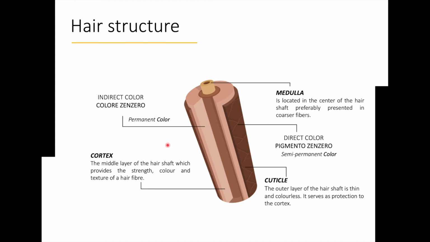This one does require developer, and those live in the cortex, that is the next layer. And the developer is the oxidative agent necessary for hair color to do its job. For maximum performance, it is really important to mix Avena with Avena.